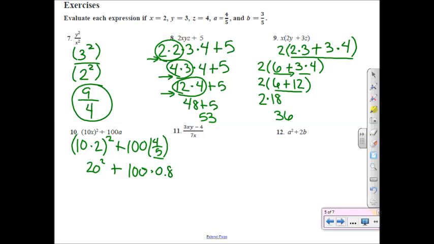So the next thing I do is my exponents. 20 squared is 400. Then multiply, that's this part, 100 times 0.8 is 80. And then the last thing is 400 plus 80 is 480.